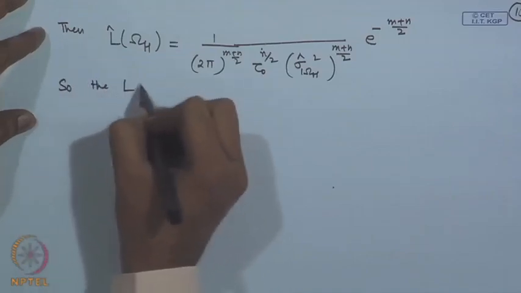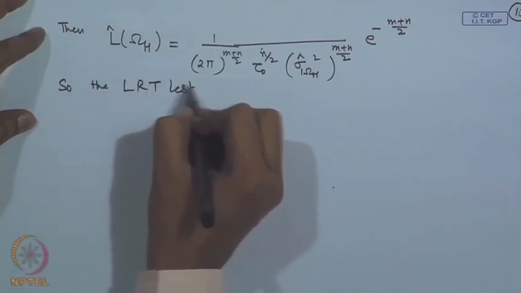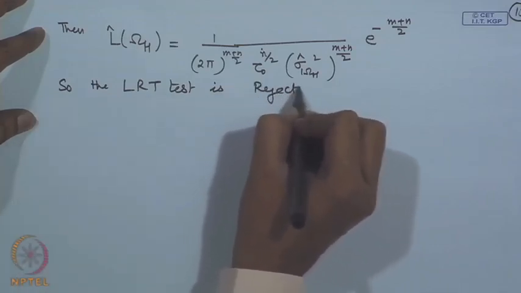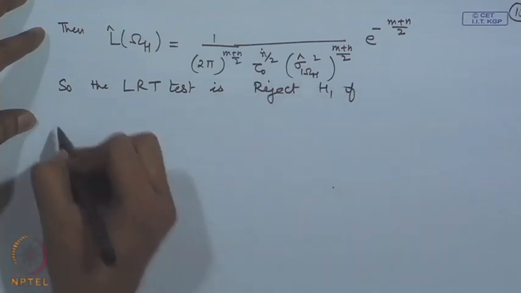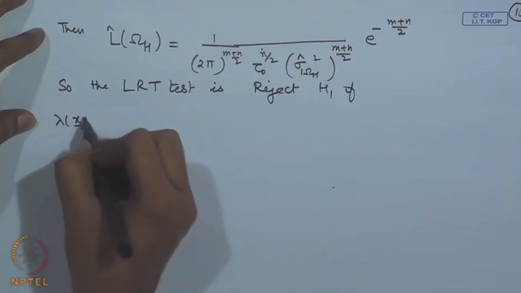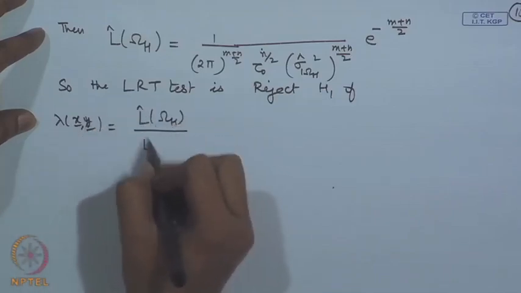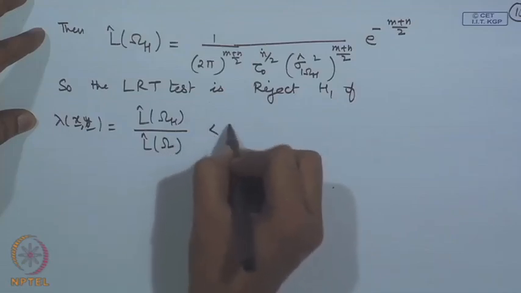So, the likelihood ratio test is reject h 1 if lambda(x, y), that is equal to L hat omega_h by L hat omega, less than c.